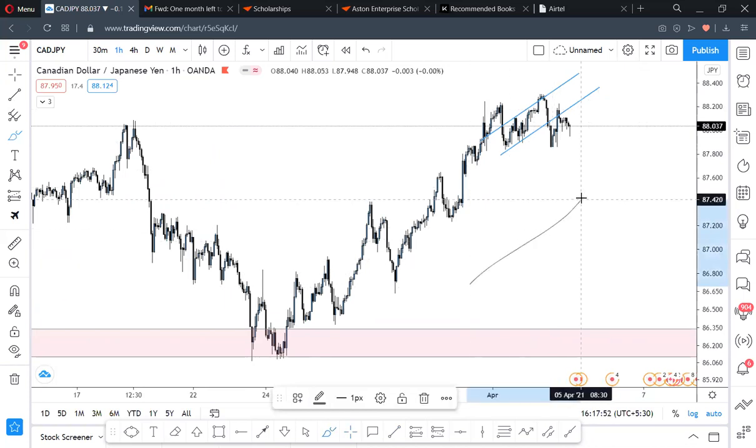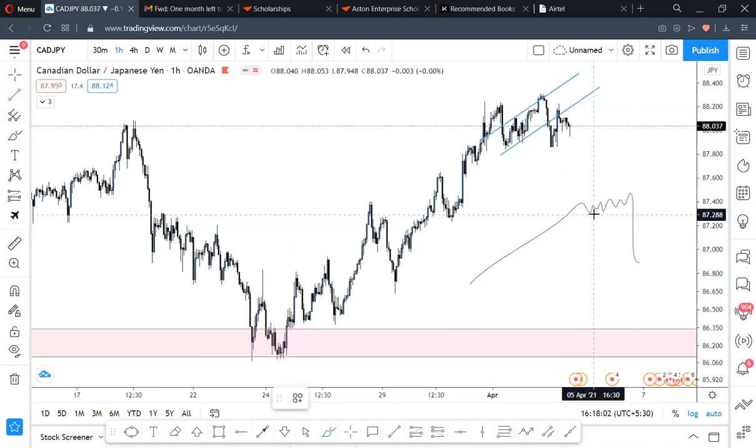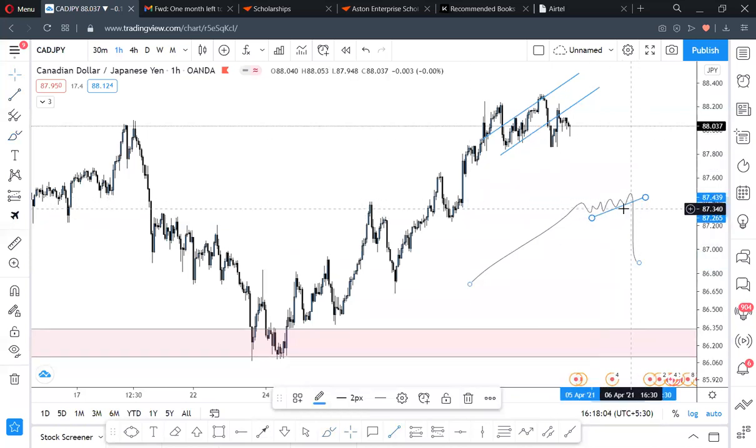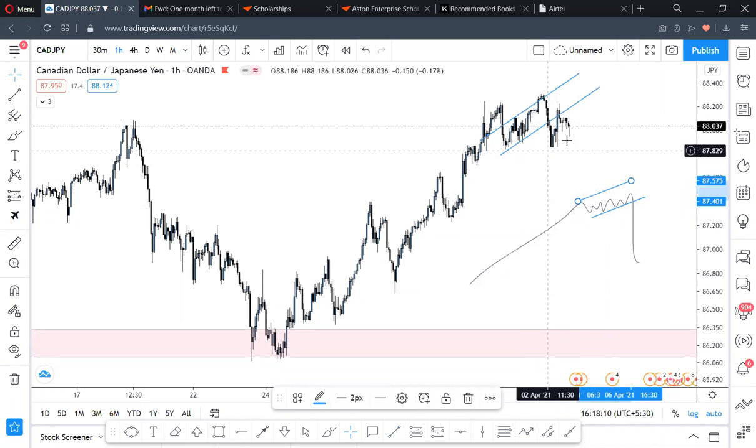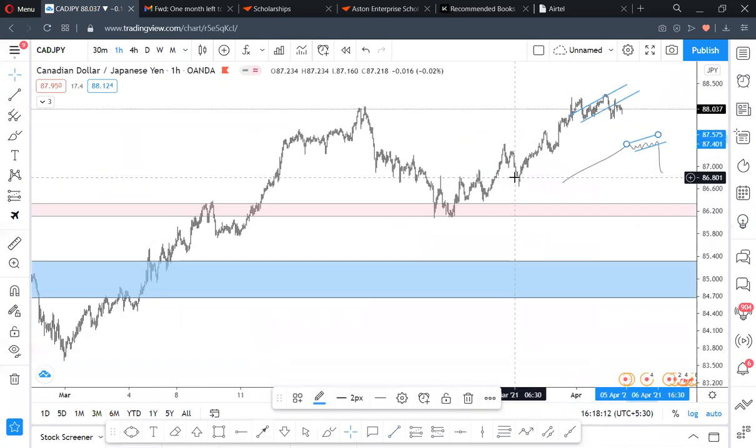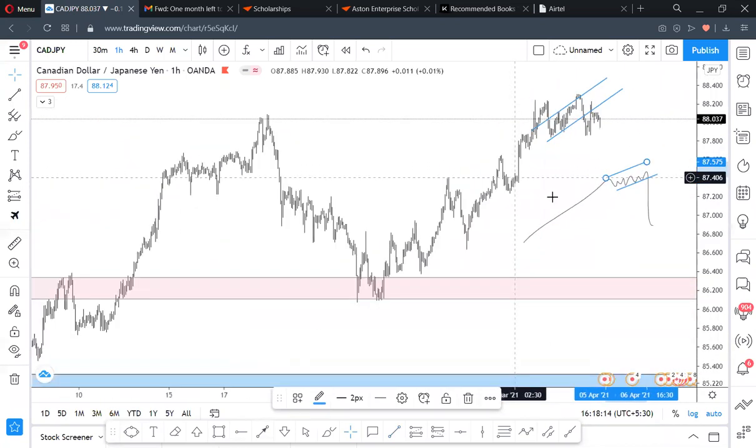This is an example of this. I'd probably draw that channel pointing down, mate. Pointing down. Yeah, we are in a bullish run.